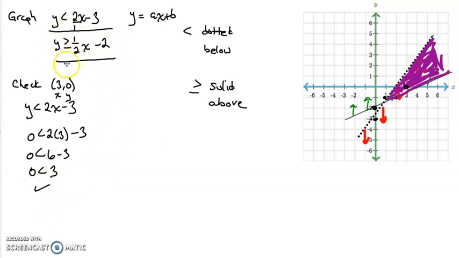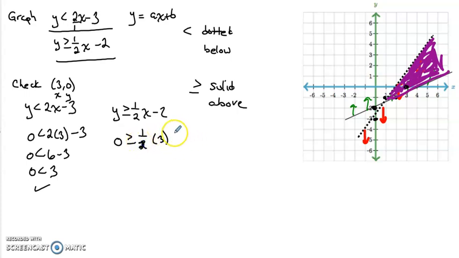Let's double check it with our second inequality. y is greater than or equal to 1/2 x minus 2. And let's use that same point just to make sure that it makes both of the statements true at the same time. We'll substitute in 0 for y, and we'll substitute in 3 for x. It's a 1/2 there.